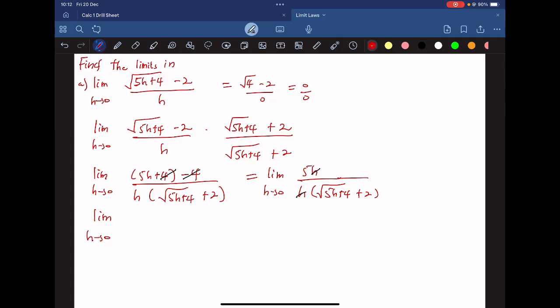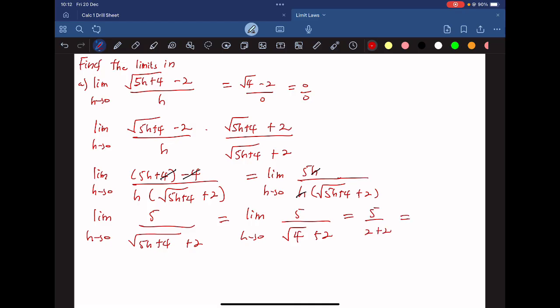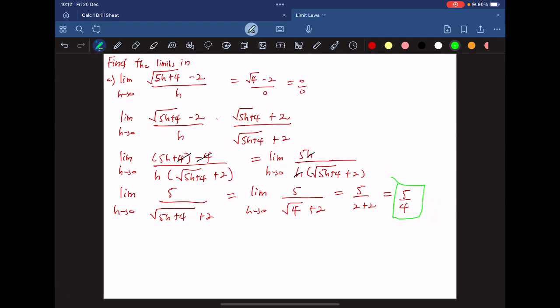So you have just 5 in the numerator, and in the denominator you have square root of 5h plus 4, then plus 2. So now if we put in 0, we have limit as h approaches 0 of 5 over, 5 times 0 is 0, so we have root 4 plus 2. So this is just 5 over 2 plus 2, and this is 5 over 4. So this is your answer.